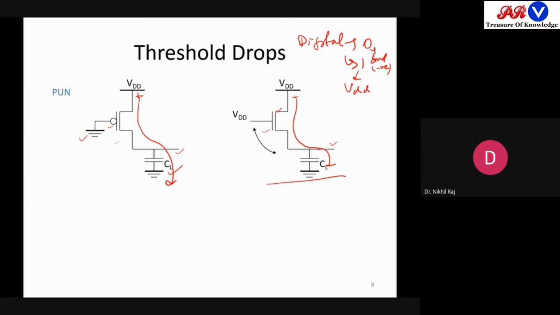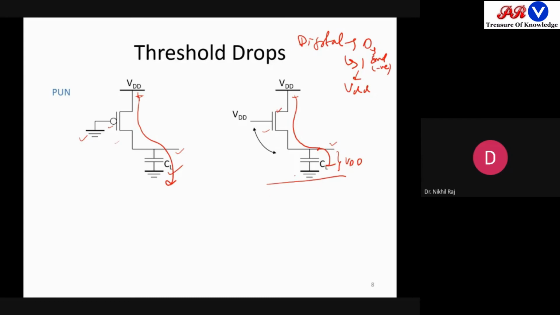So what happens to the charge? How much should CL charge? Ideally, it should charge to the complete VDD. Whatever the full potential, we want to make our device efficient, so all the charge should be transferred to the capacitor.